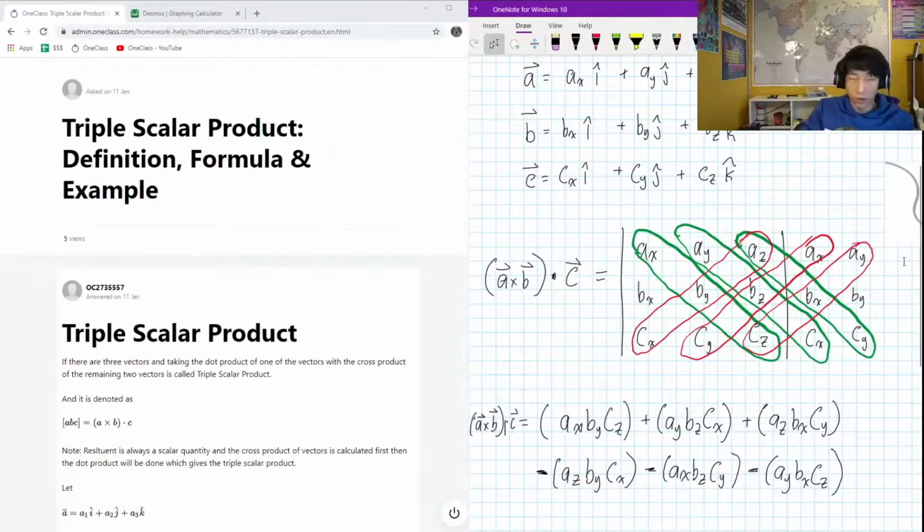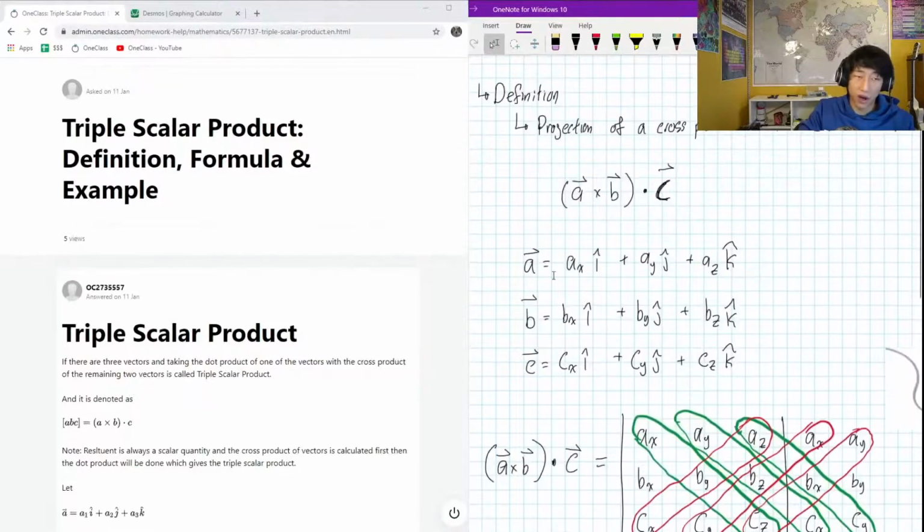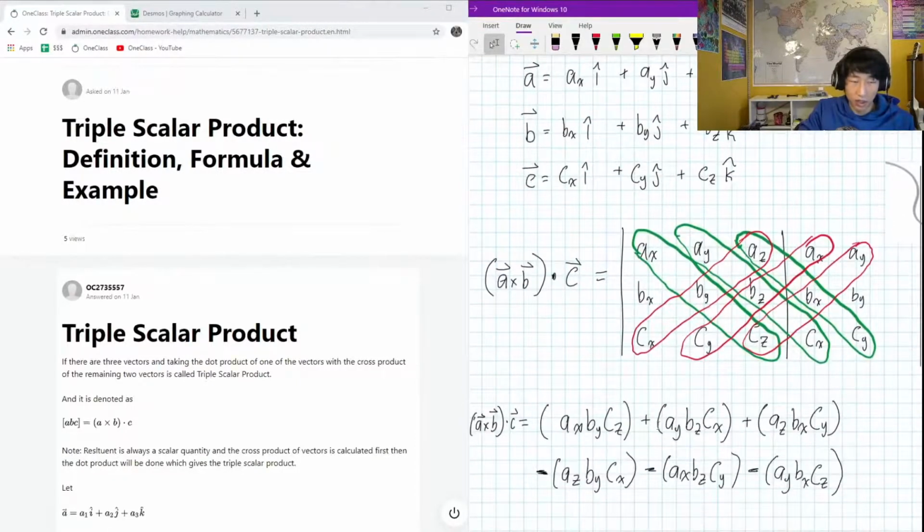Okay, so hopefully this is a clear example of how we could see this in action. If you were to just have numerical vectors here and sub those in, you just do this calculation. So it's all multiplications.